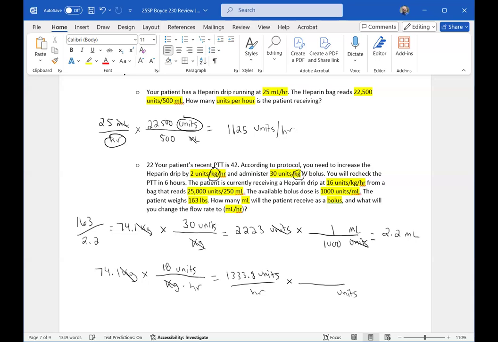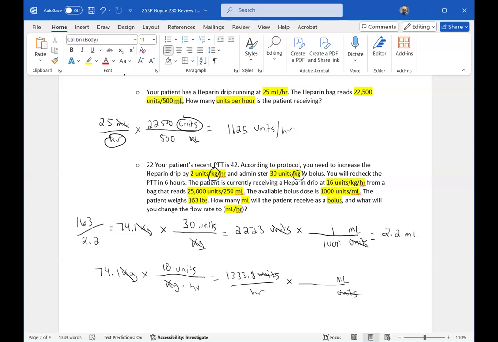The first thing I do is write units in the opposite section of what I'm trying to get rid of. And then what do I want? I want milliliters. So I write that one on top. This cancels out. And then we're left with, before I do any calculations, milliliters per hour.